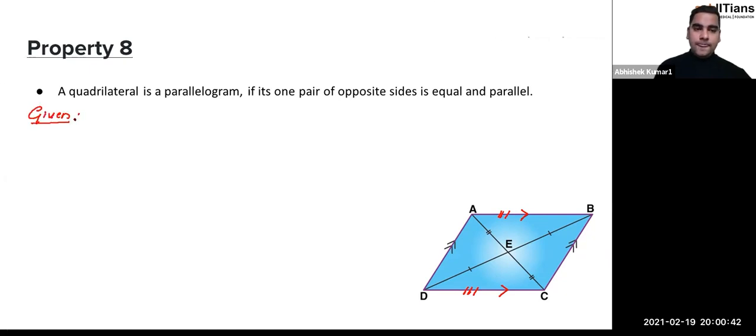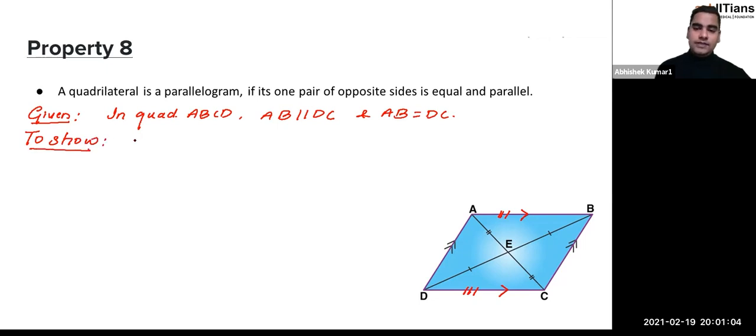We are given in quadrilateral ABCD, AB is parallel to DC and AB is equal to DC. What do we have to show? We have to show ABCD is a parallelogram.